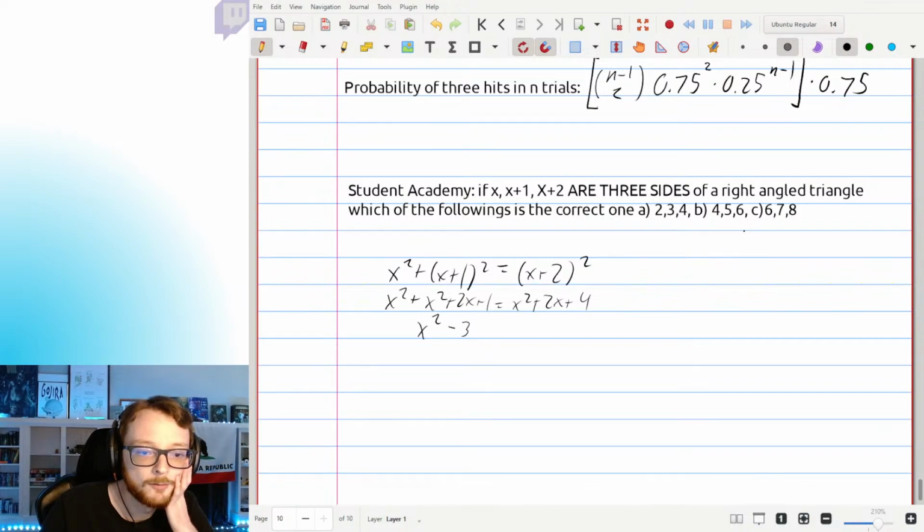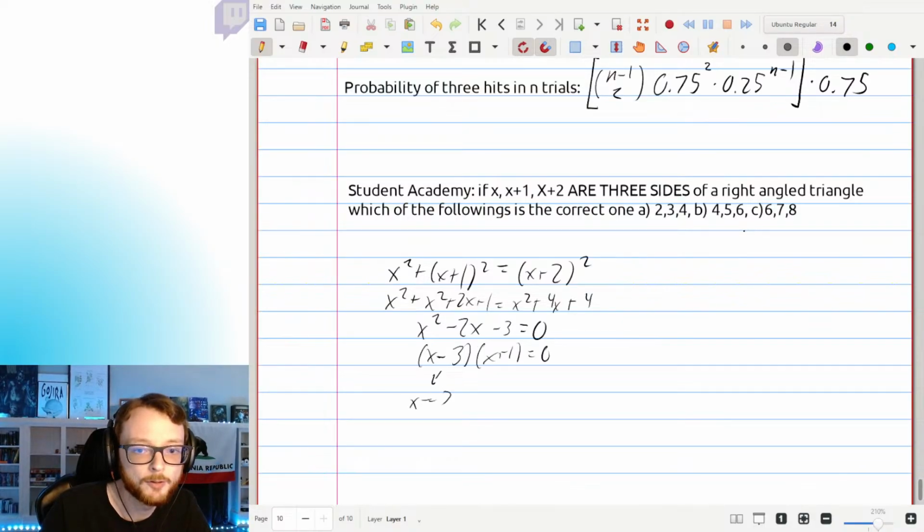Well, that's not good. Oh no, because I did that wrong. So we just take the positive solution, x equals 3.